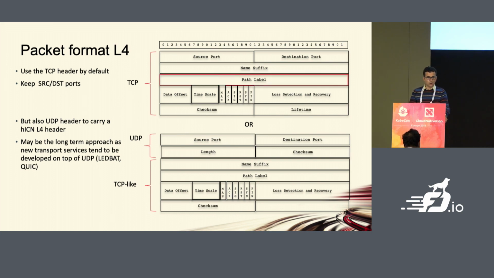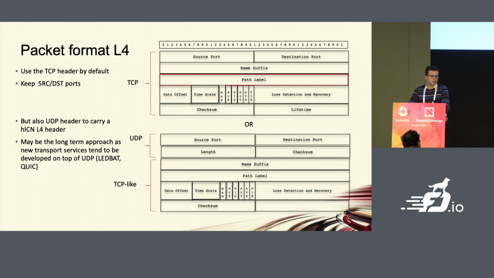So, the layer 4 header for hICN is essentially a new header, but for many reasons, we are using a TCP header. So essentially, we are hacking the TCP header, or for other backward compatibility reasons, we are also using a UDP header plus a TCP-like header.